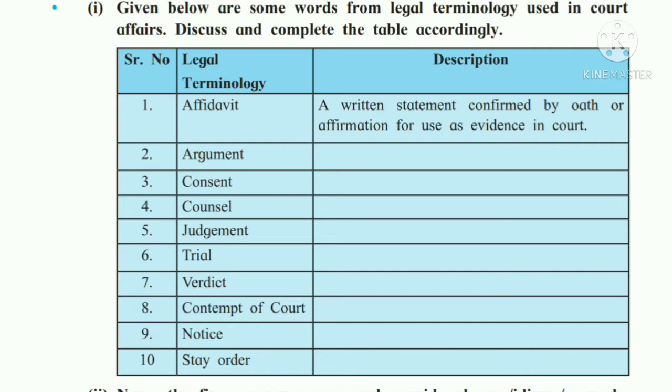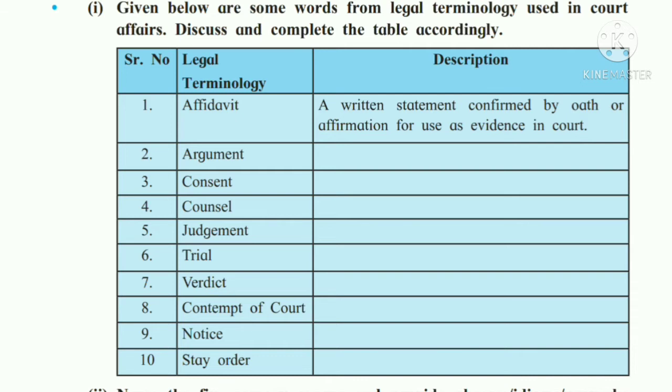This is in order to convince people that your opinion about something is correct. Usually argument and discussion are different. In discussion we consider both sides, but in argument the person who is speaking is considered correct only. Consent. Consent means unanimous decision, approval, assent in opinion.